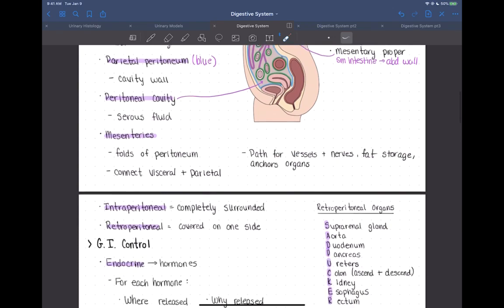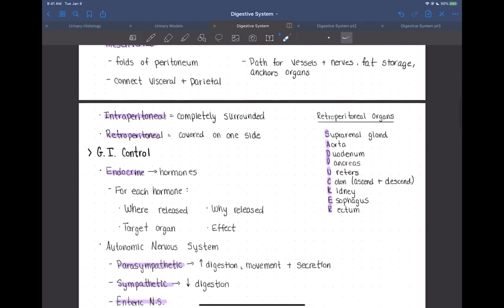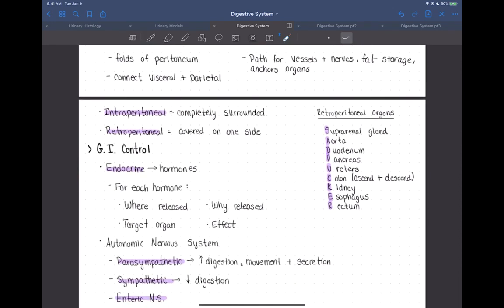Okay, and so one easy way to remember what organs are retroperitoneal, with everything else being intraperitoneal, is with this mnemonic. SAD PUCKER, SAD PUCKER. All right, and I've written out for you what each letter stands for.